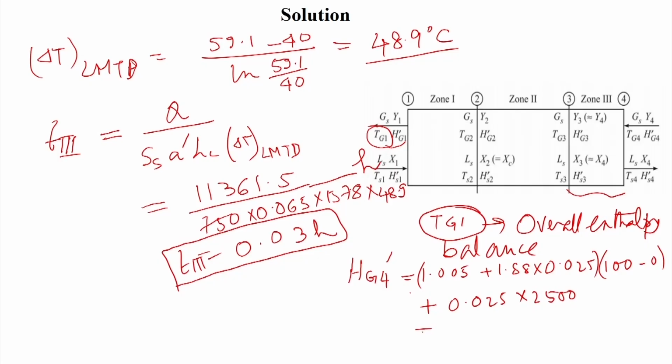It is coming out as 167.7 kilojoule per kg. So, that is Hg4 prime, which is entering here.